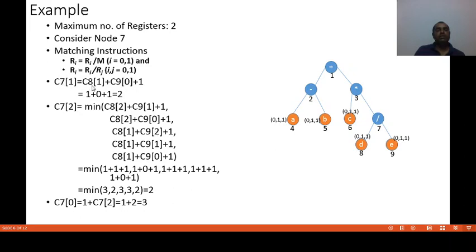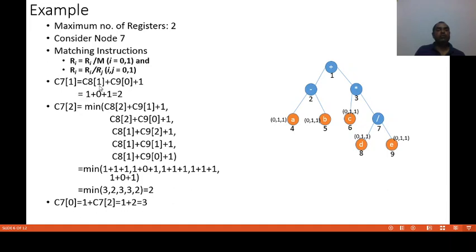That means when I am using register 1 to evaluate the 7th node, it uses this instruction, Ri = Ri / M. In this form of the instruction, the first value, the 8th node, is in some register and the 9th node is in memory.